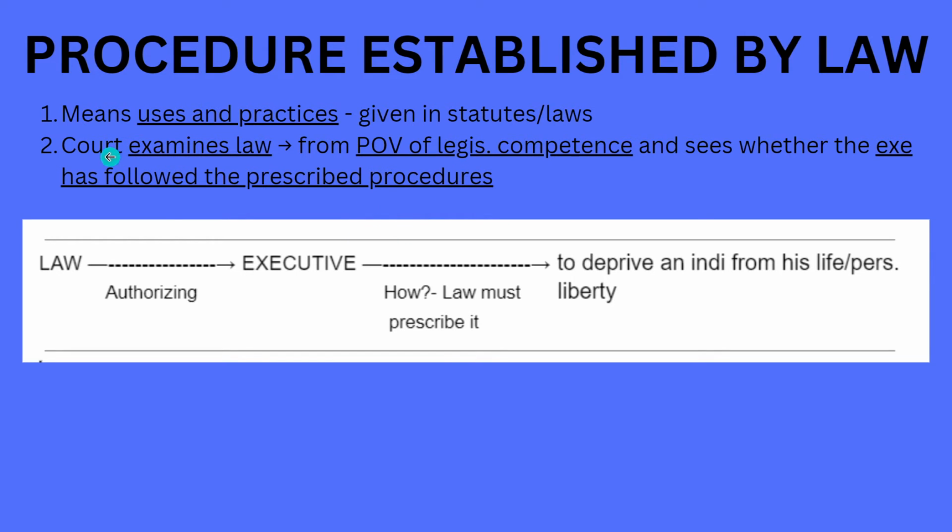As per the doctrine, the court examines the law from the point of view of legislative competence. Competence in Hindi means shamta. So legislative competence means whether the legislature has the authority to make a law on that area or subject, in which it has made a law to deprive an individual of his life or personal liberty.